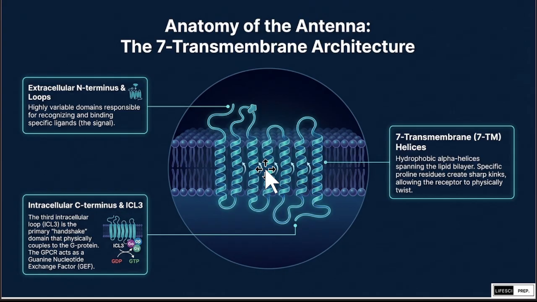The seven transmembrane helices are mostly hydrophobic alpha helices. At the N-terminal the signals are bound, and at the C-terminal the G alpha, G beta, and G gamma proteins are present.